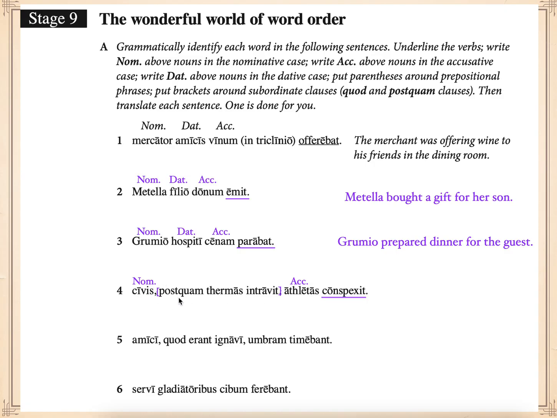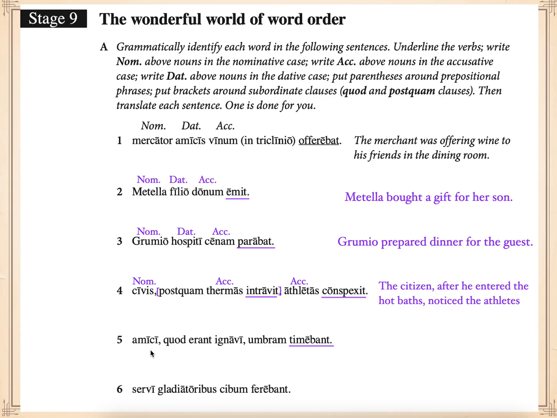So I'm going to put this in brackets like this. So far I have the citizen noticed or caught sight of the athletes. And then I have my subordinate clause in here. There's the verb for it, intravit, and thermas is an accusative. So now I can translate it. The citizen, after he entered the thermae, the baths, noticed the athletes.